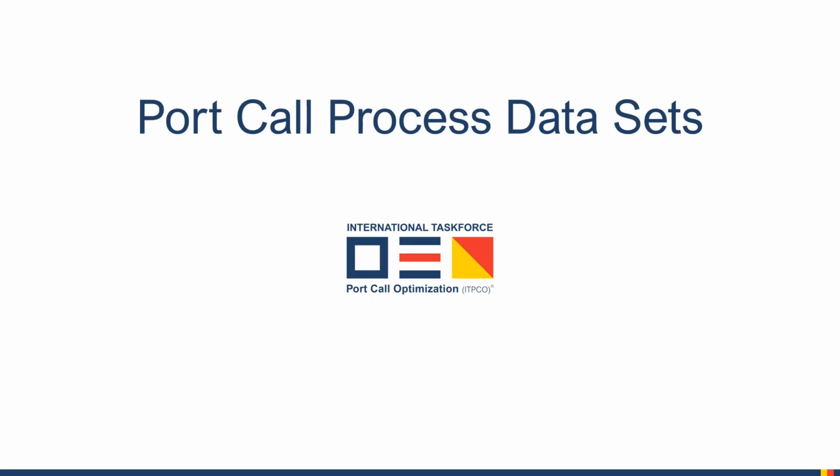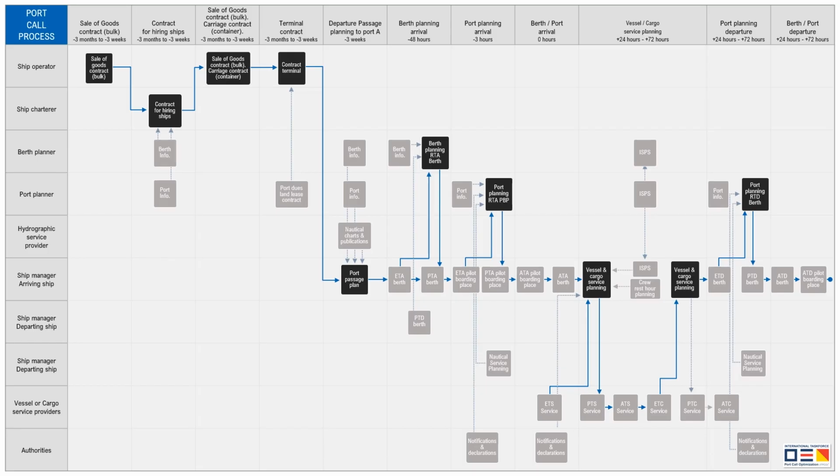Port call process datasets. Based on both the contractual and operational phases, 3 kinds of data sets exist for interchange. The use of standardized data sets for all 3 data types will ultimately influence how efficiently all parties can exchange data with each other during a port call.